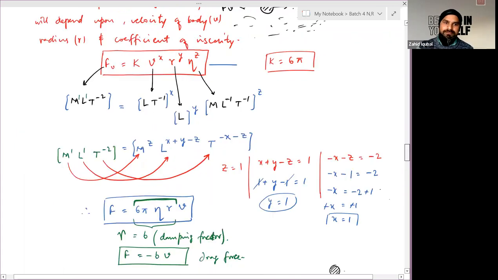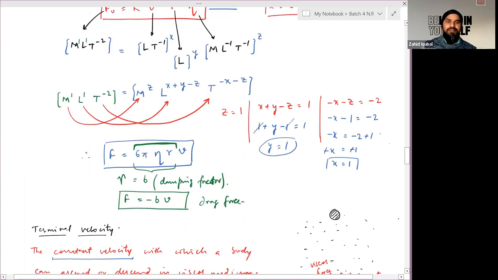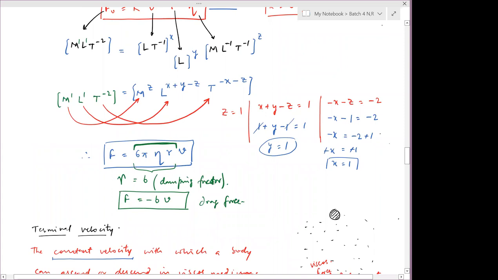This is Stokes' law. And here I define F equals 6 pi eta r, where 6 pi eta r is called b, the damping factor. So the force will be equal to minus b times v. Okay, sir.